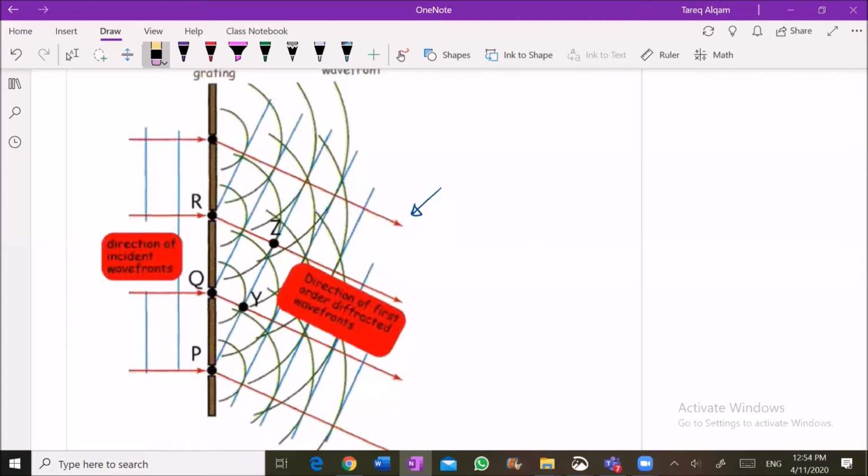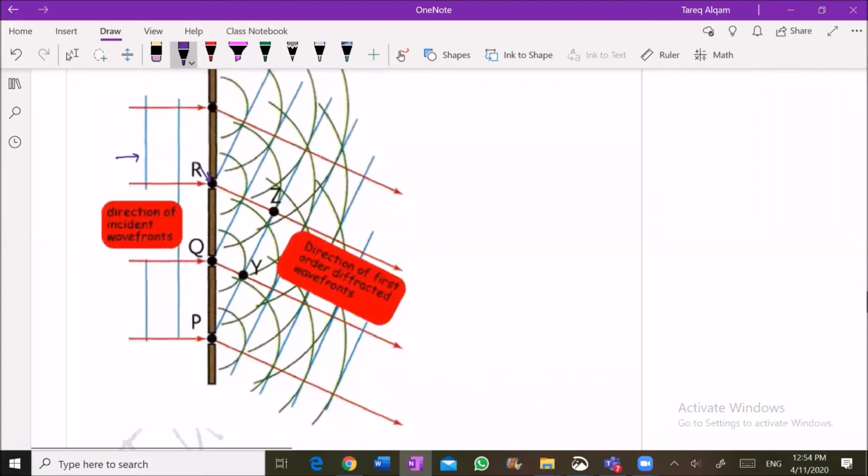We have parallel rays, a first slit, second slit, third slit, and so on. We have several of these slits, so we have slit P, slit Q, slit R, no matter what it is. In certain directions, as a result of the arrangement of these slits, the waves are diffracted, so as a result they will interfere.